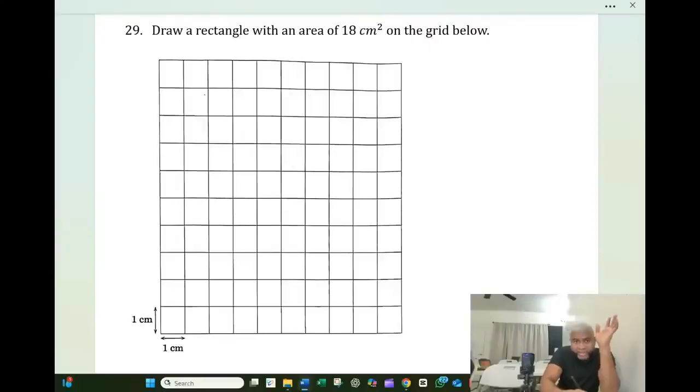It can be 9: 1, 2, 3, 4, 5, 6, 7, 8, 9. 9 by how much? 9 by 2. Right, 9 by 2.